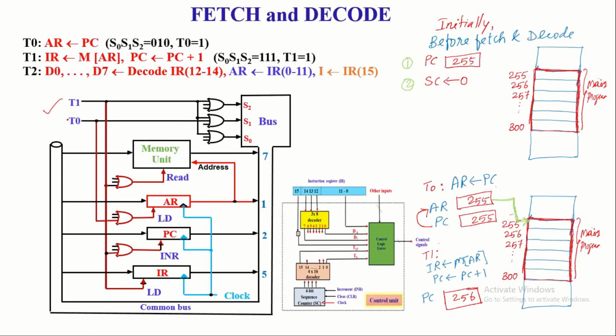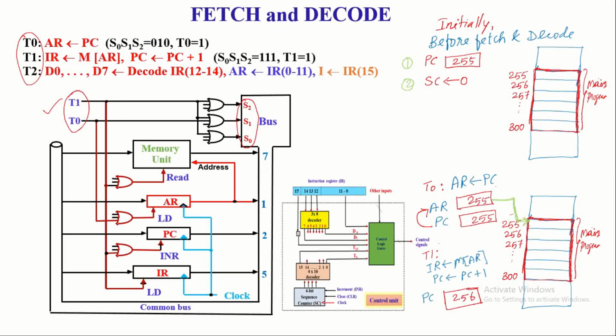Students, here you can observe the common bus system illustrated in this diagram. It is the selective portion of the common bus system that we earlier studied in the previous video. It is given in order to highlight how the timing signals are connected to components such as the selection inputs of the common bus, memory unit, and other registers required to perform the fetch and decode phases of an instruction cycle.